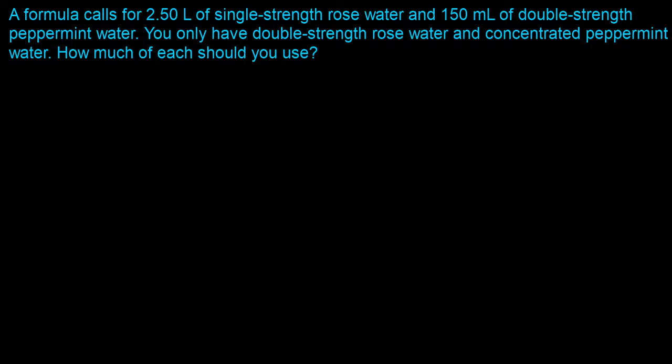Okay, so here let's start off with the single strength portion. So we are going to make 2.5 liters of that, and we are going to use a double strength solution. So first of all, let's just convert the liters to milliliters to make the computation much easier and consistent across the solutions.